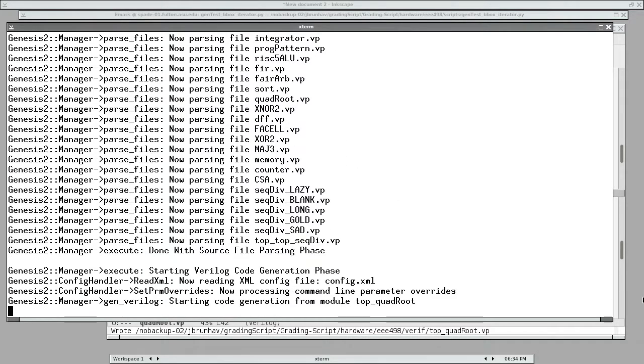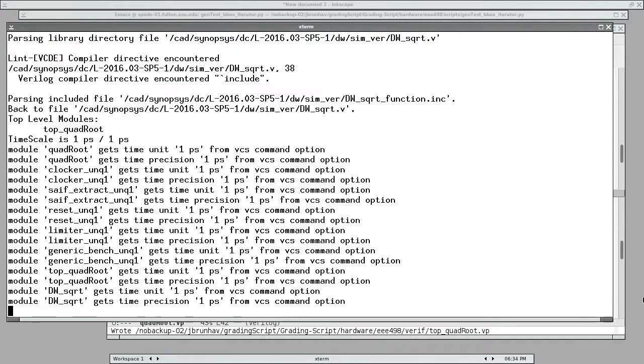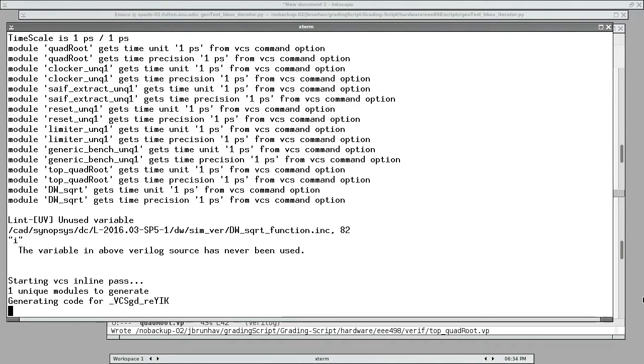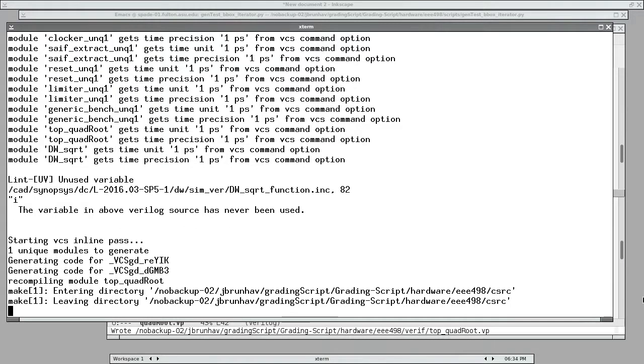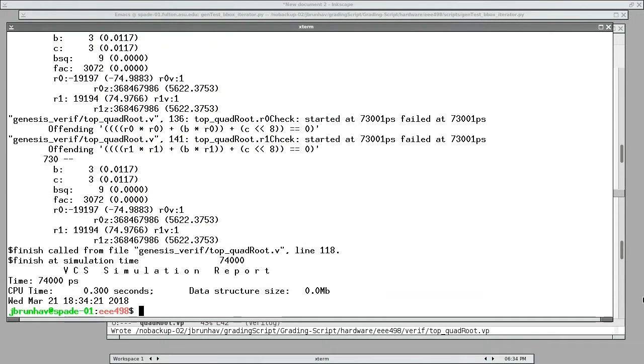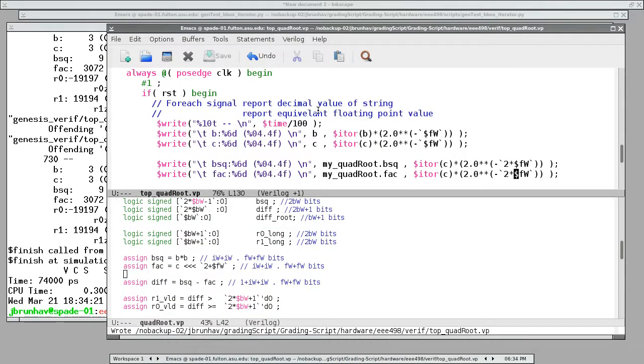Oops. No, it eventually sorted itself out. Yeah, I was doing it poorly. Oops, and I left the C in here, so it's having fun with that.